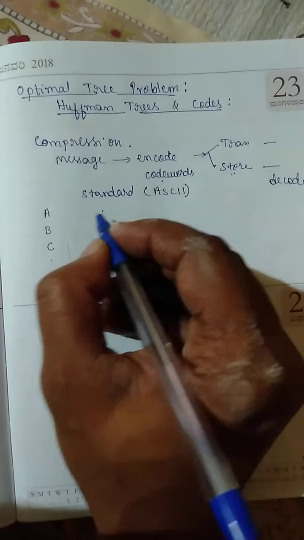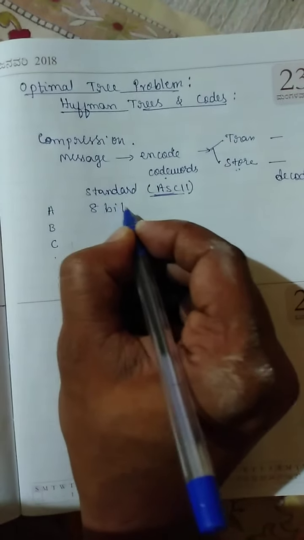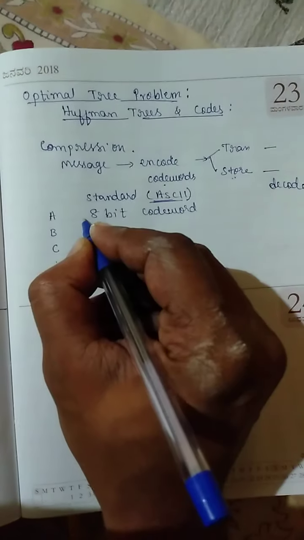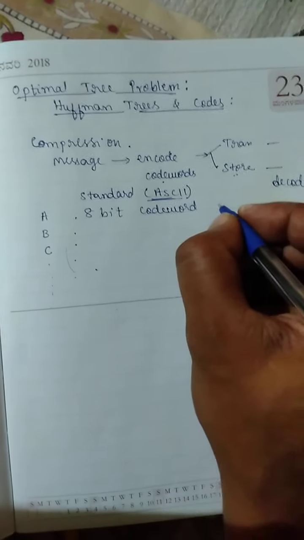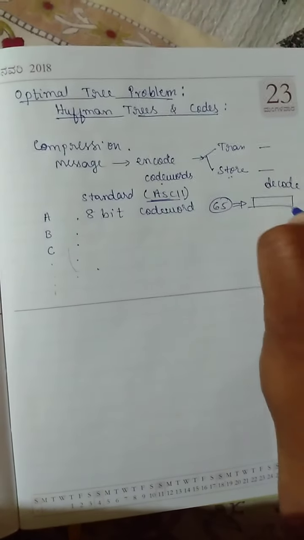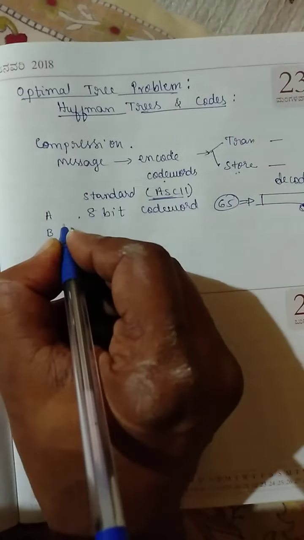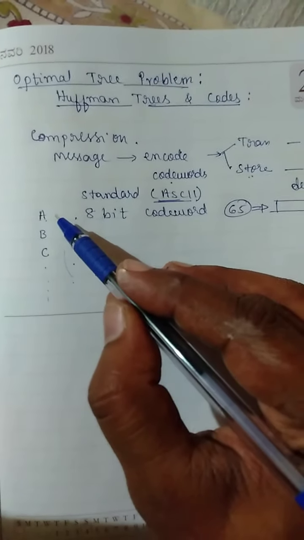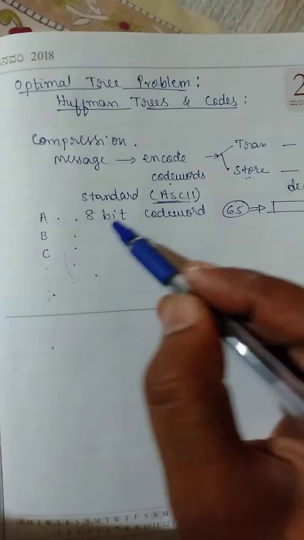So this ASCII defines the standard 8-bit code word for each of the characters. For character capital A, the decimal value is 65, and if we convert it into an 8-bit binary value, that is the code word for character A. Here you can observe, whether it is character A, character Z, character dot, or character underscore, what is the number of bits?